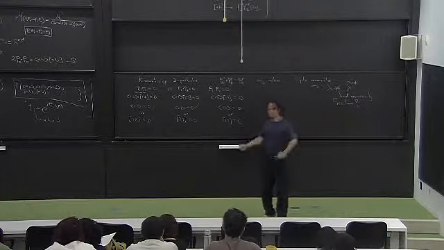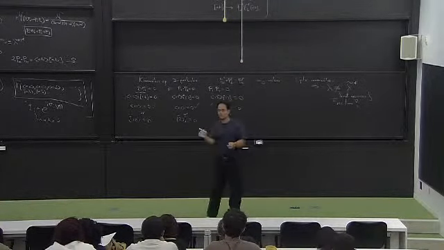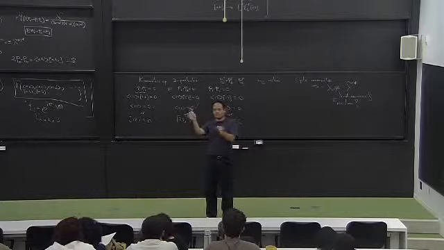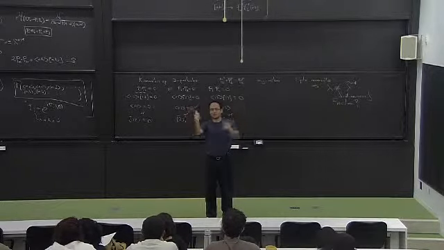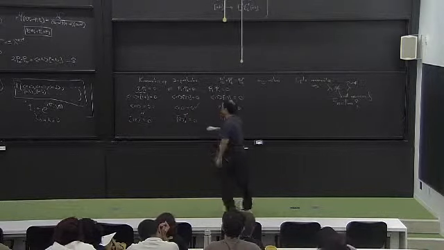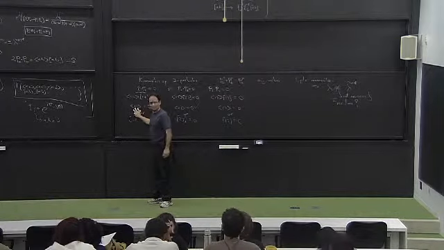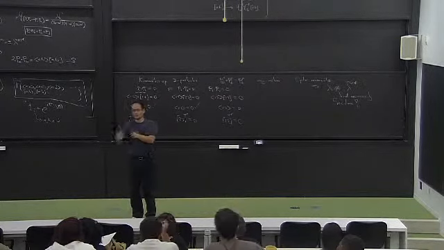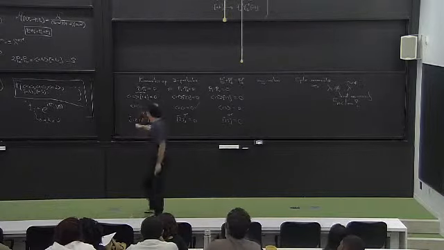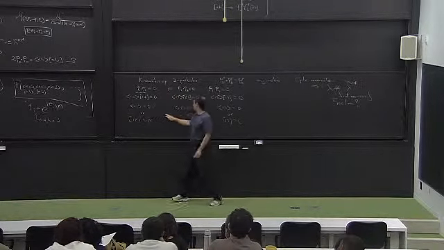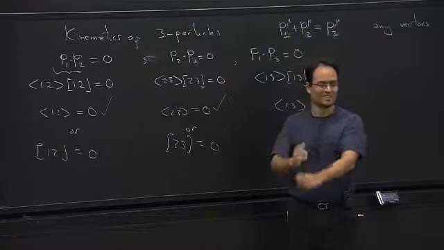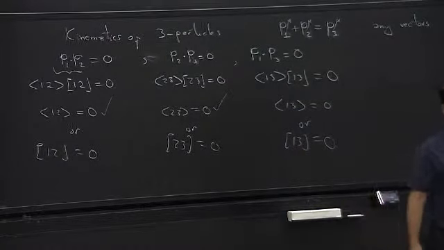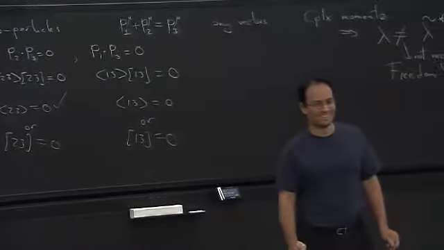Okay? Now think about these lambdas as being little vectors in C2, in the 2-dimensional complex plane, right? The determinant equals to 0 is telling me that they are collinear, right? They are proportional to each other. If 1 is proportional to 2, because it's 0, and 2 is proportional to 3, what happens to 3 and 1?